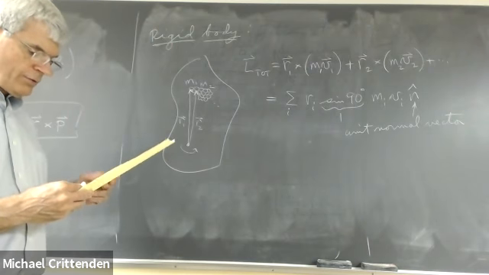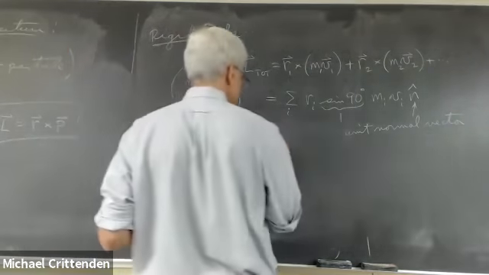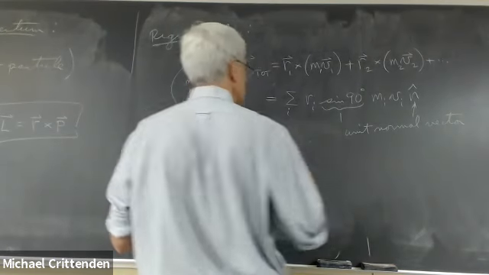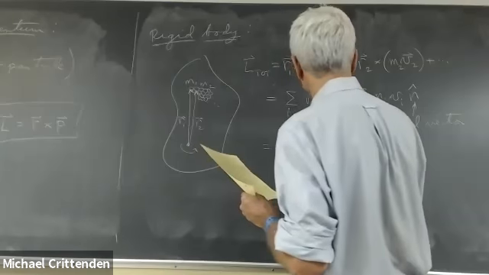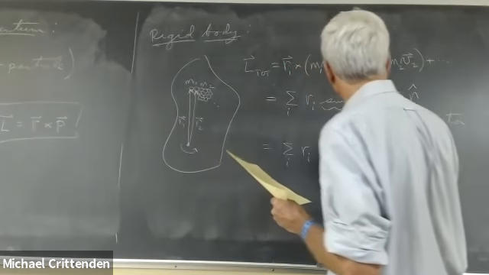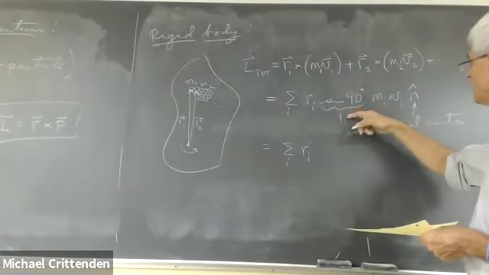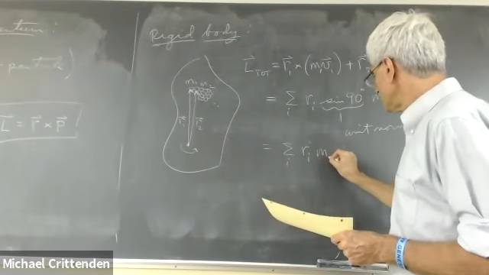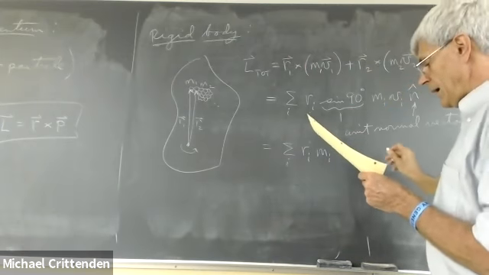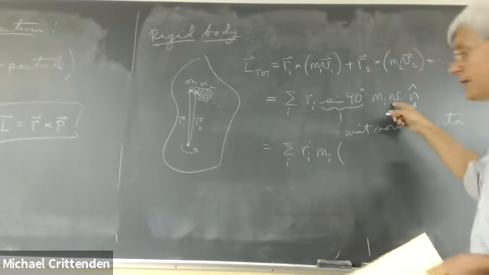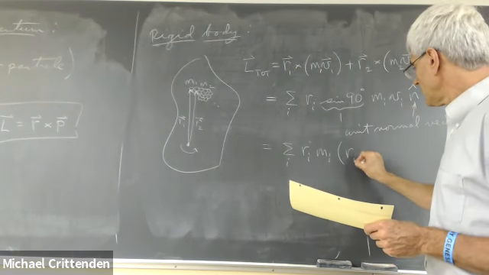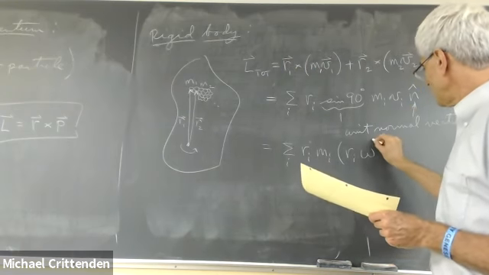Time for a substitution. Recopy the R. That's just a 1, so that's gone. Recopy the M. As for the V, V is equal to R times omega.